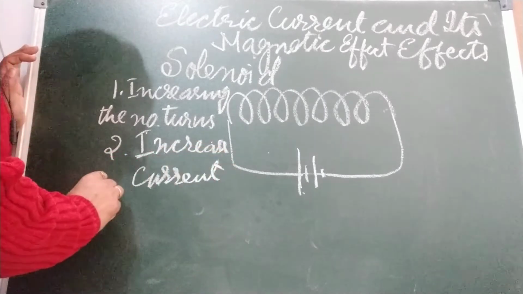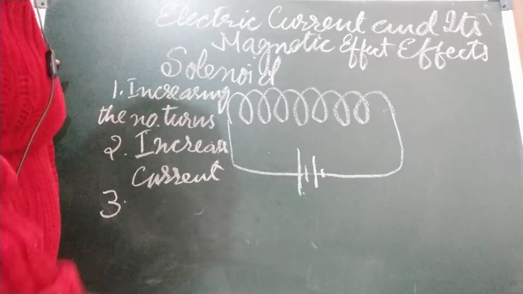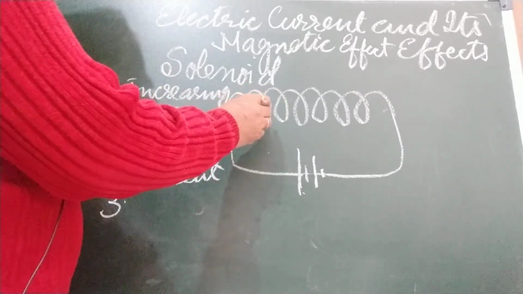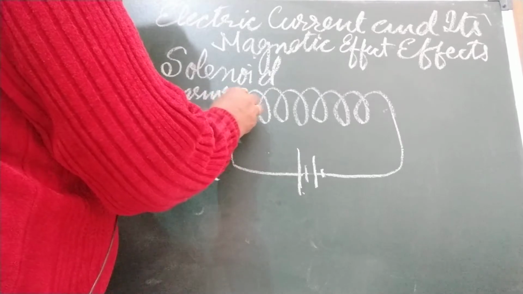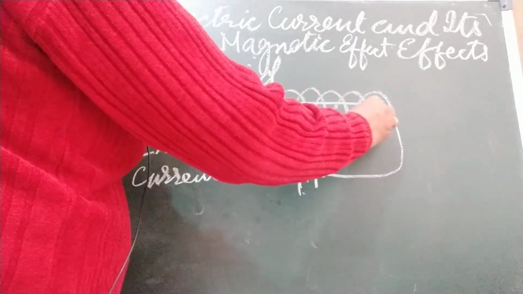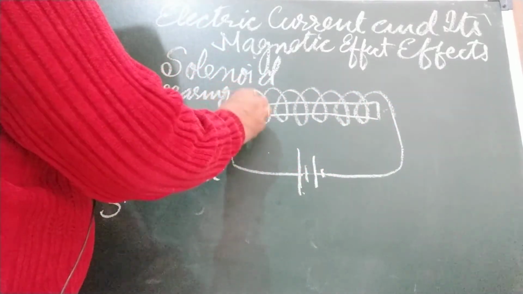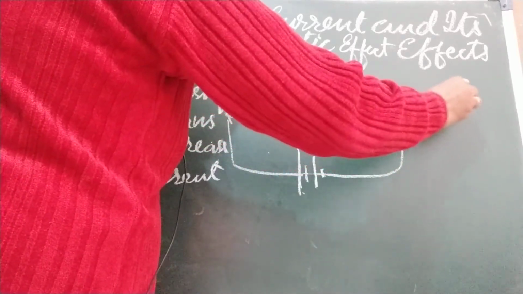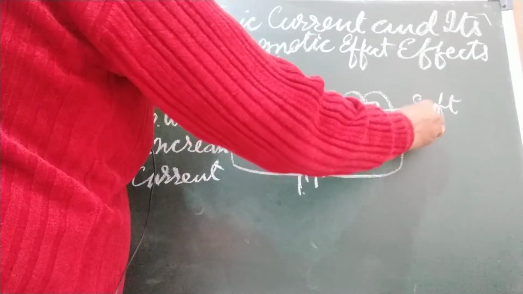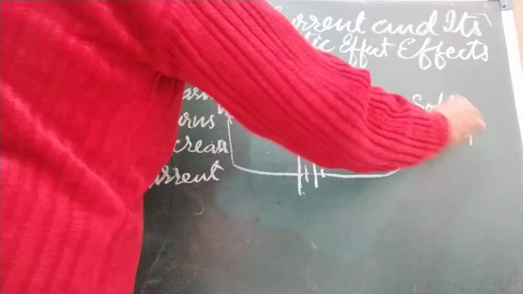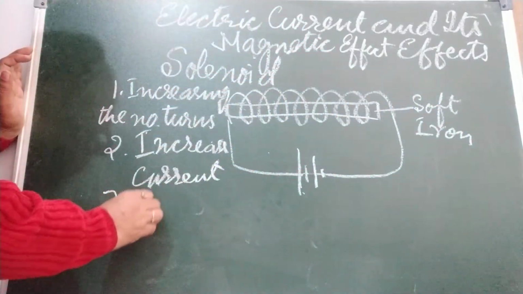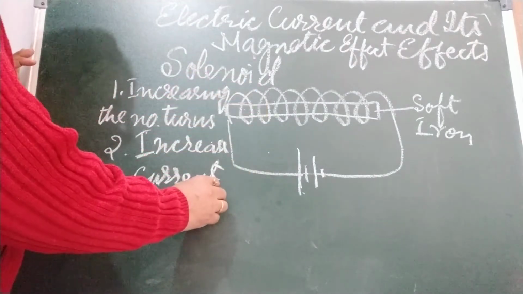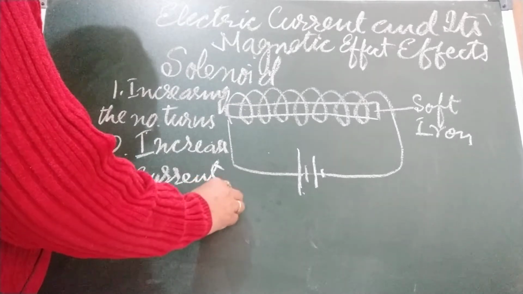Third is winding the solenoid. This winding we must do around a magnetic material, like soft iron. If we do the winding around a magnetic material, then its magnetic effect would be increased.